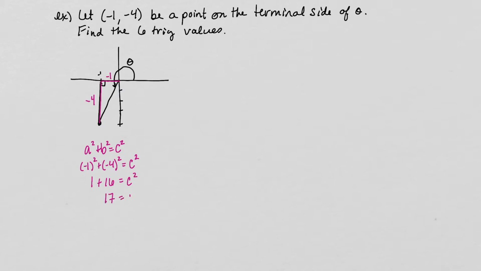So 17 is equal to c squared. So plus or minus square root of 17 is equal to c. And then we want the positive part for the hypotenuse, so it's just going to be the positive square root of 17.